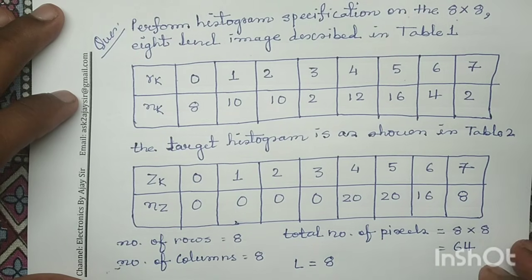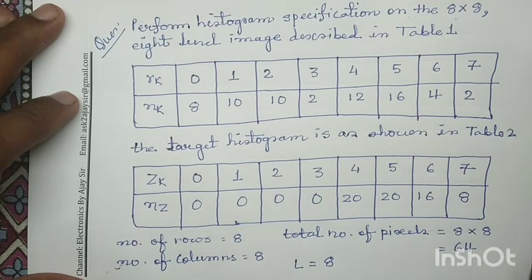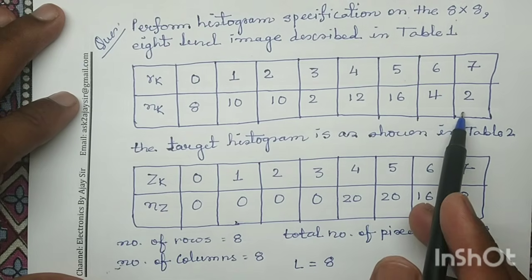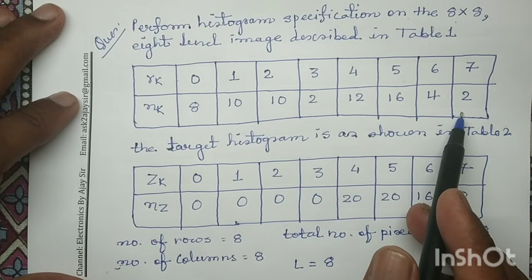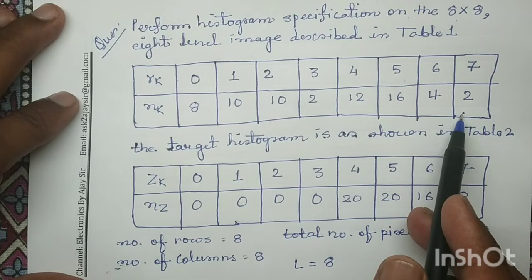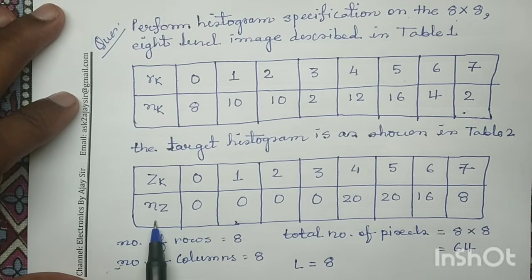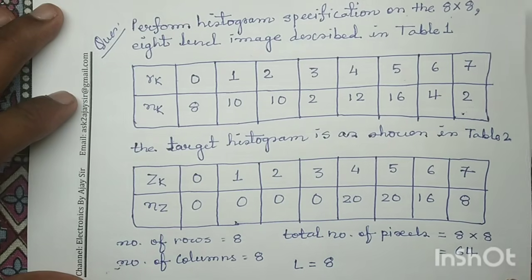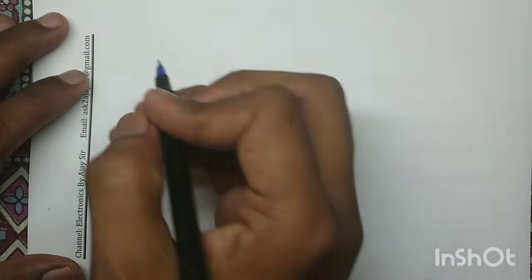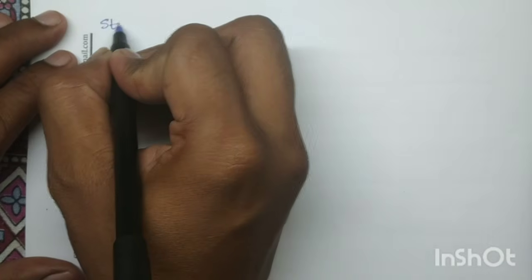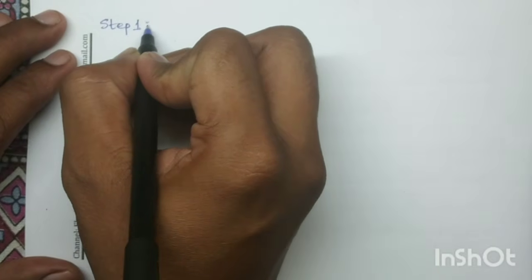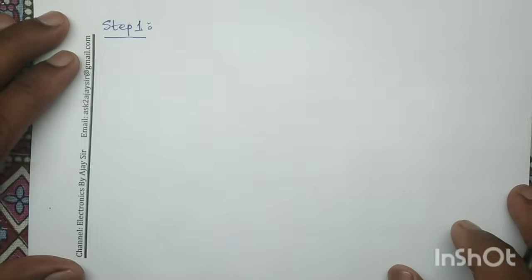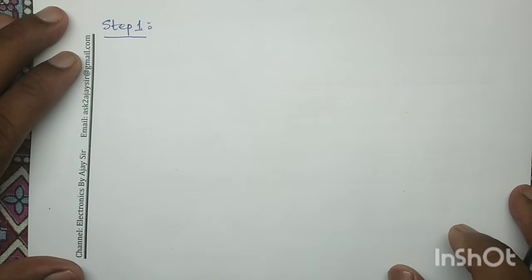So in this type of question, two tables are given. Table 1 corresponds to the pixel distribution of the input image, and table 2 corresponds to the target histogram. So in step 1, first we have to perform the histogram equalization for table 1.